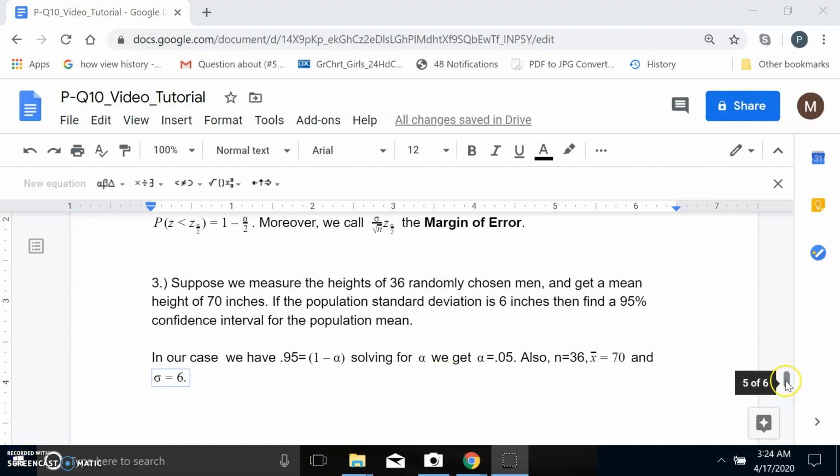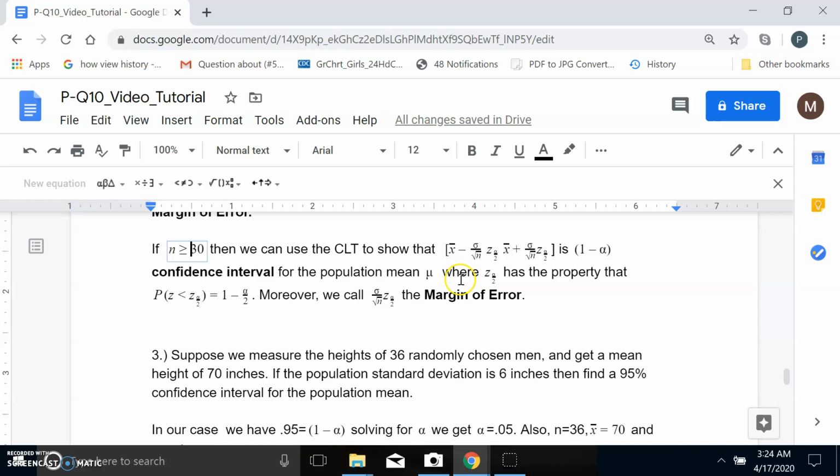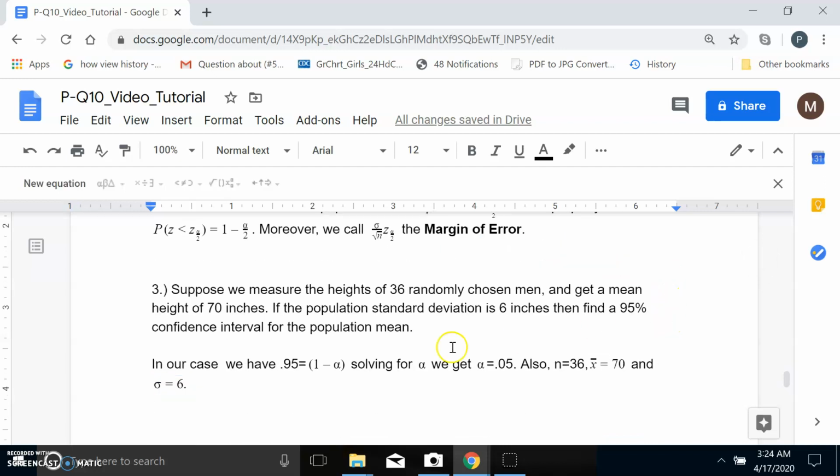So let's look at our formula for the confidence interval up here. It's right here. So now we're going to use this. We have to find our z alpha over 2. So now note alpha equals 0.05 implies that in this formula we need to find alpha over 2.